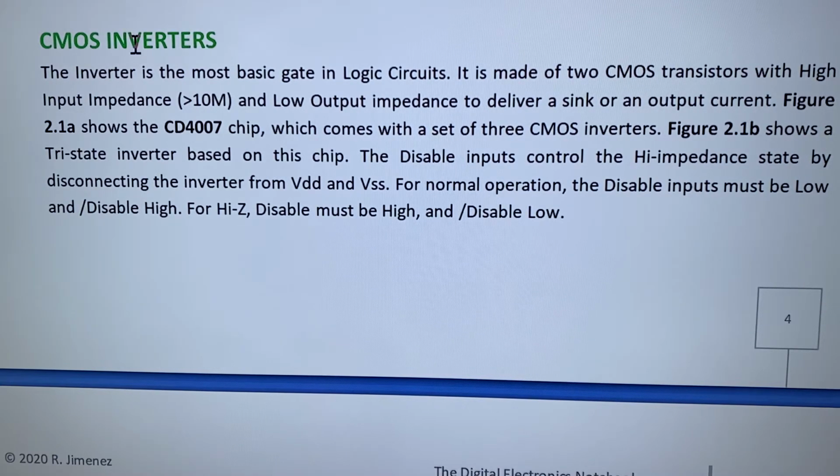There are inverters in different technologies, but I'm focused on CMOS technology because of the high input impedance, which is greater than 10 megaohms, and the low output impedance, which is less than 100 ohms.